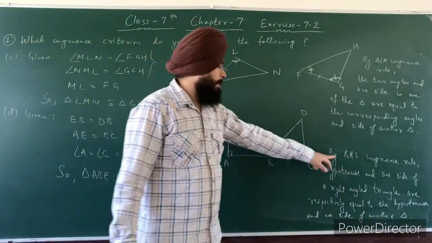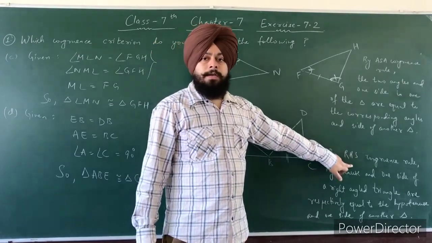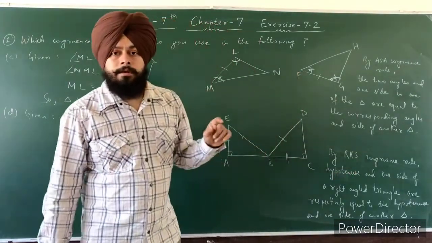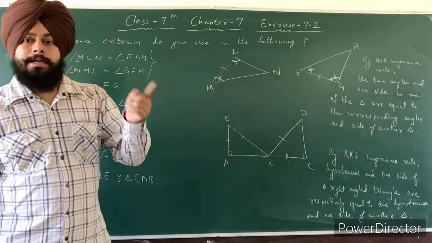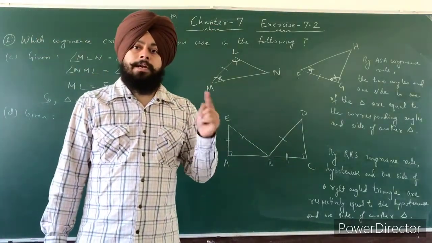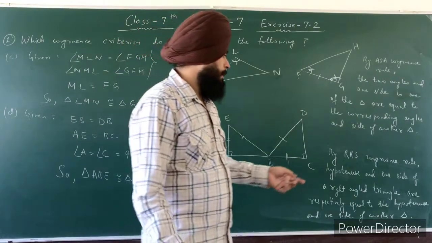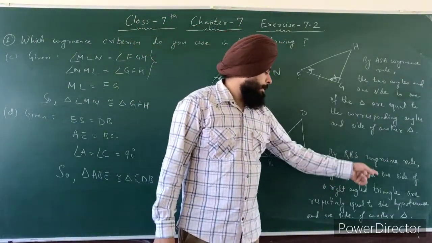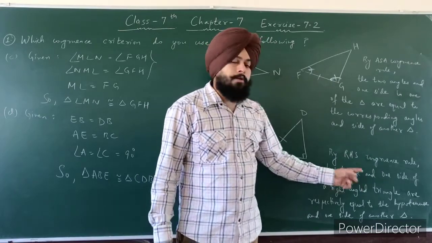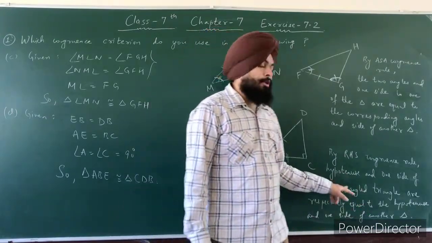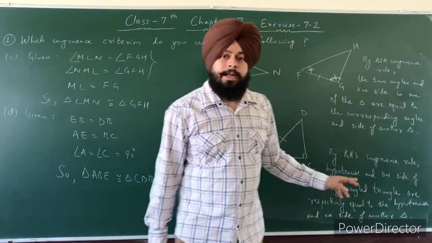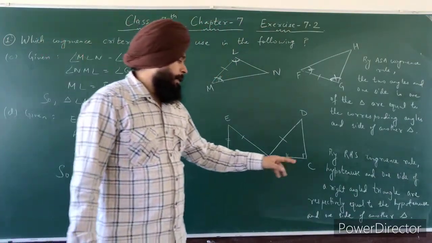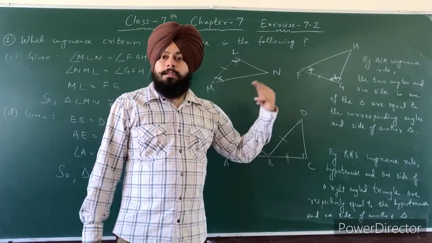RHS. So what is the meaning of R? R is right angle, H is hypotenuse and S stands for side. Clear? RHS. R right angle, H is hypotenuse and S is side. So by RHS congruence rule, hypotenuse and one side of a right angle triangle are respectively equal to the hypotenuse and one side of the another triangle.